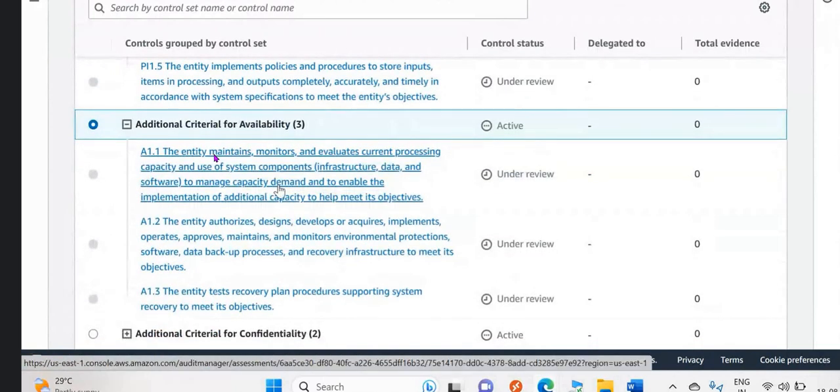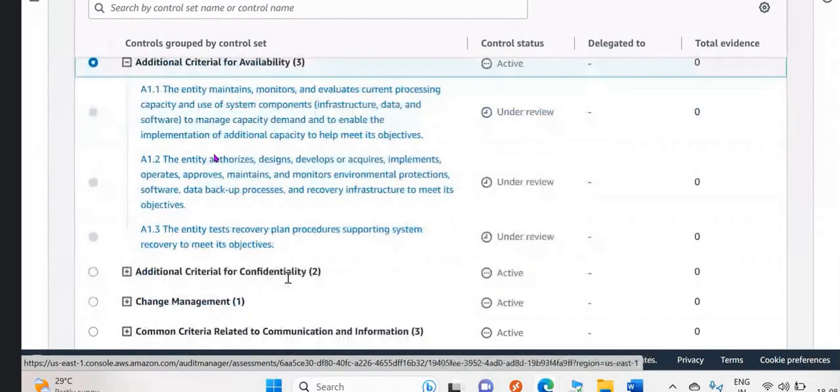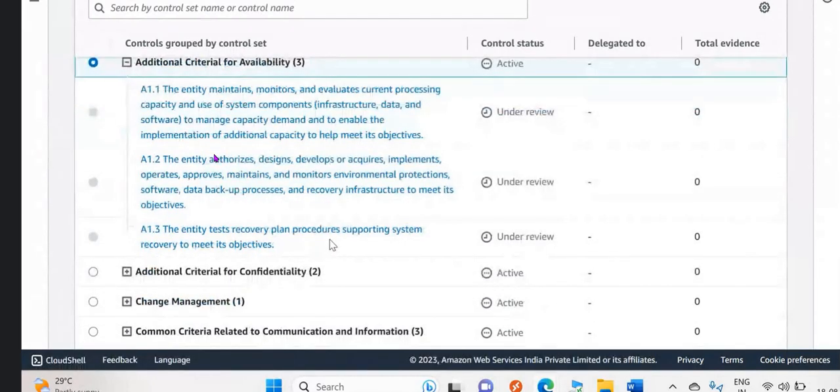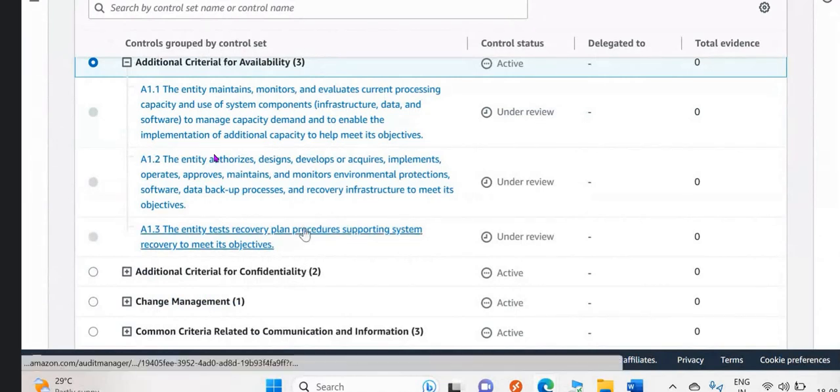You have some controls like this, right? And each control, what are they? If you read any one, you will understand the entity. Let's say A1.3: the entity tests recovery plan procedures supporting system recovery to meet its objectives. Click on that.